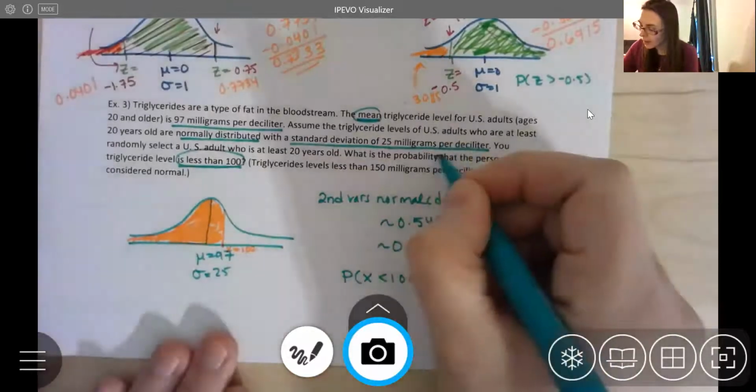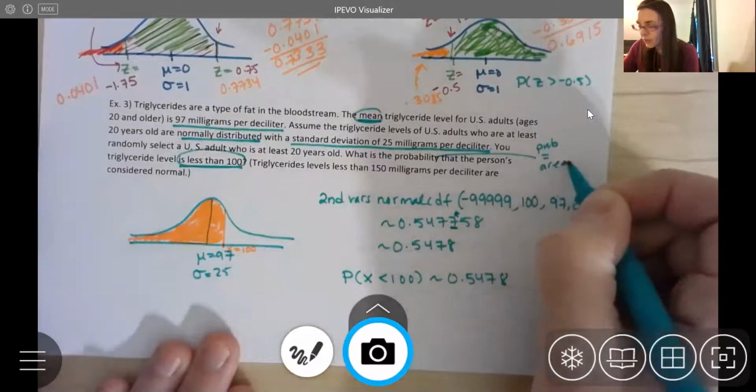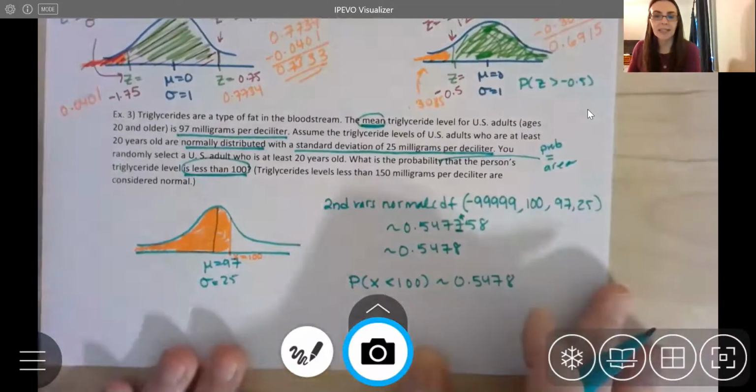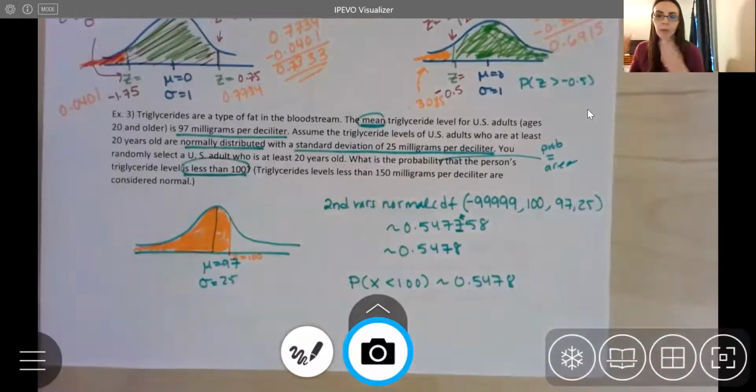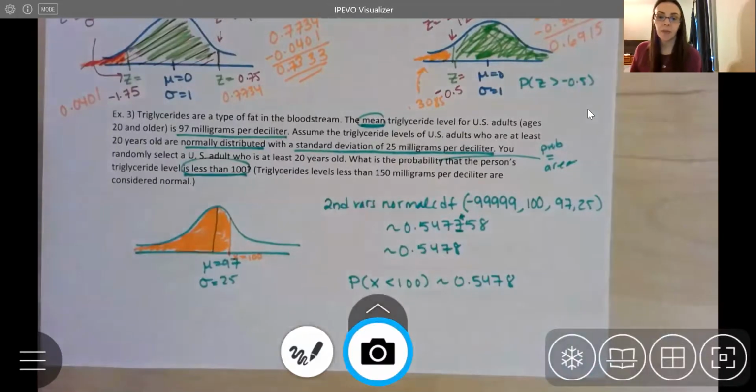And again, probability equals area. So we use those terms interchangeably. If it's asking you for the area or if it's asking for the probability, it's the same exact thing. So the probability is about 0.5478. So about 54.78% of people in this age group, so ages 20 and older, have triglyceride levels less than 100.